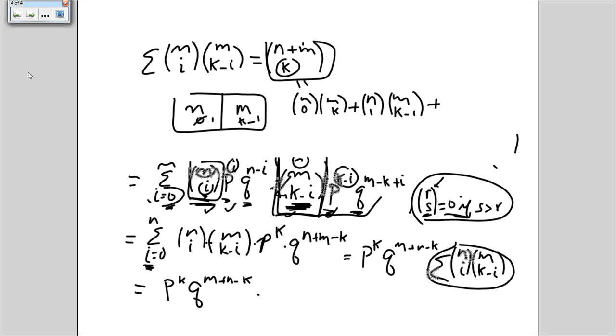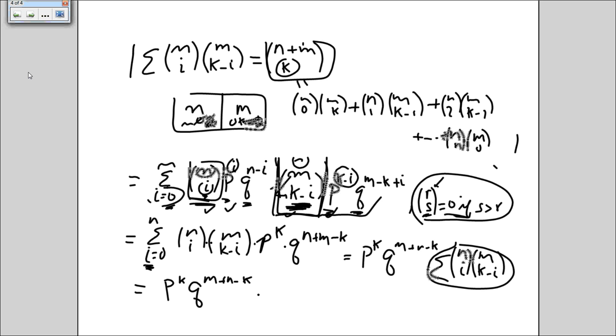Plus, I could have chosen 2 from the n and k minus 2 from the m: n choose 2 times m choose k minus 2. And I could have gone on until eventually I choose all n from the n objects and 0 from the m: n choose n times m choose 0.